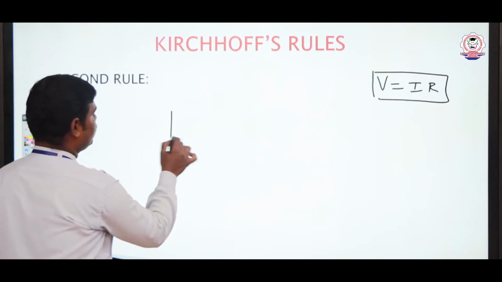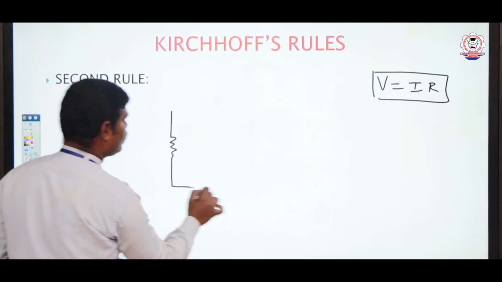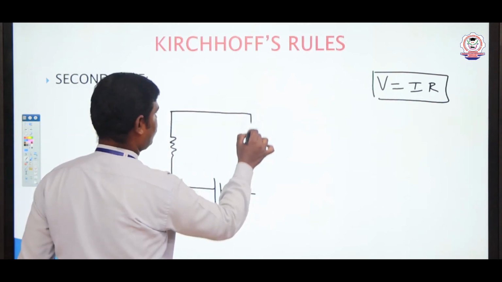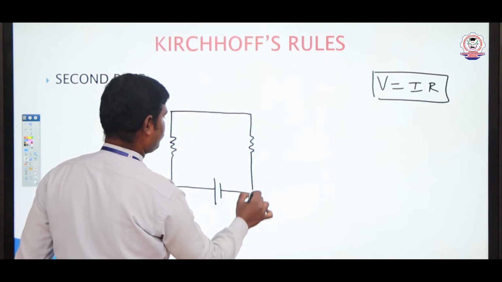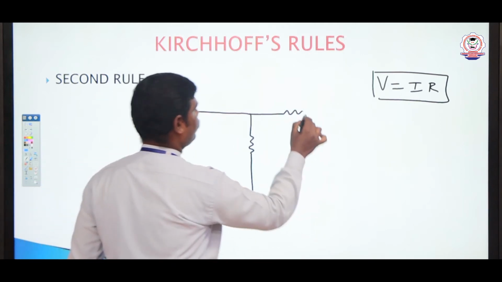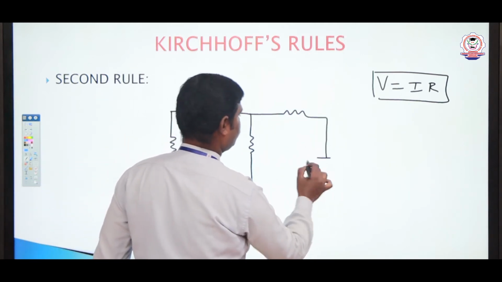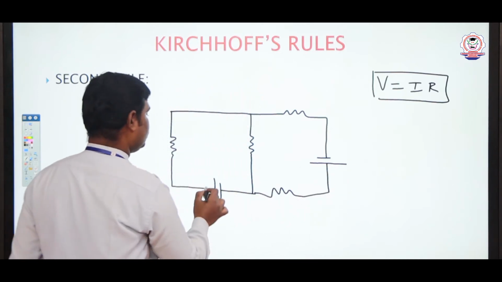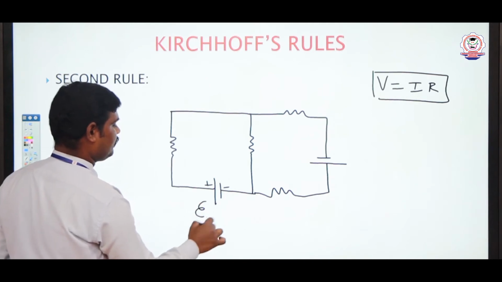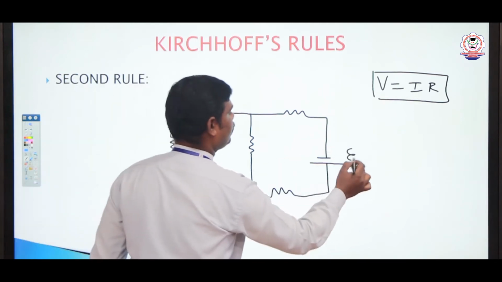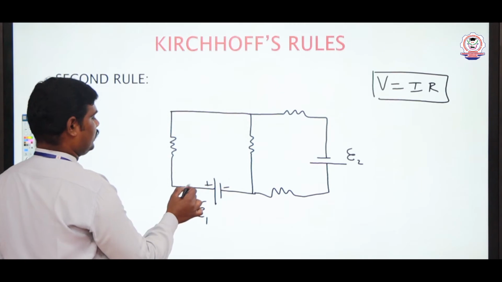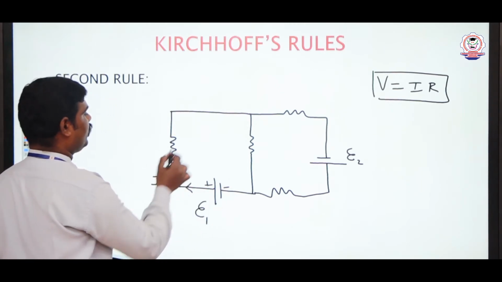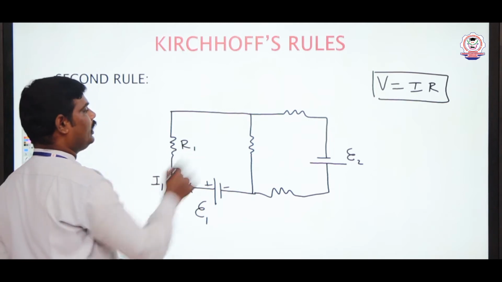See my dears, here I am taking one small circuit. This is the first EMF psi1, and a second EMF psi2. The electric current is moving from here, I1, through R1.